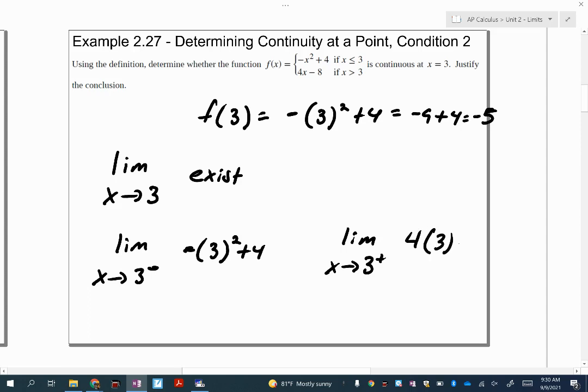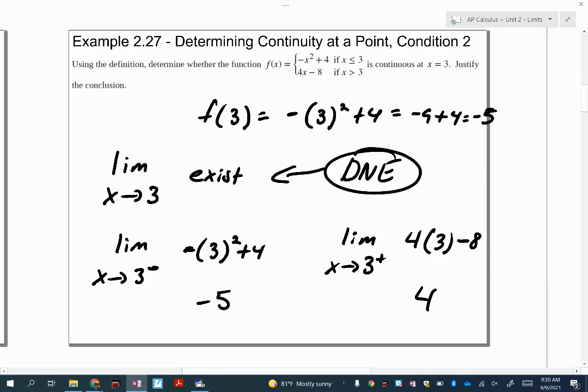So 4 times 3 minus 8. We already know the first one gives you negative 5, and 4 times 3 is 12. 12 minus 8 is 4, right? Those must match if the limit is going to exist. So this limit as x approaches 3 does not exist. So it fails to be continuous at x equals 3 because it fails the second condition.